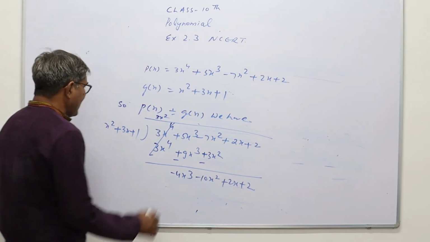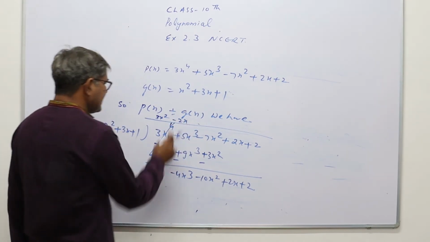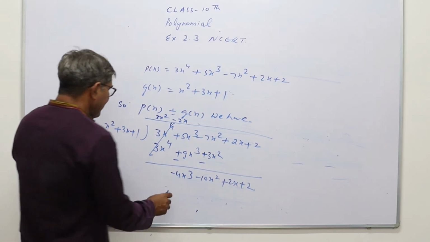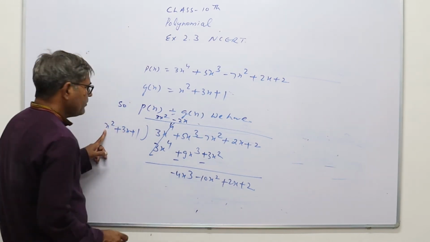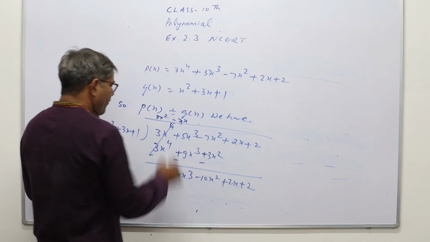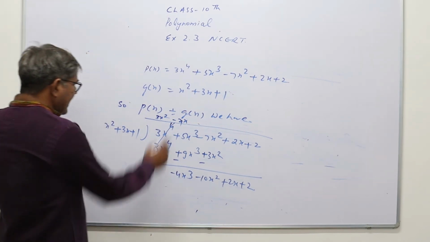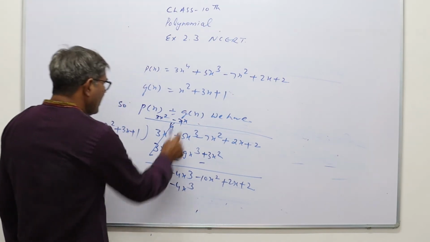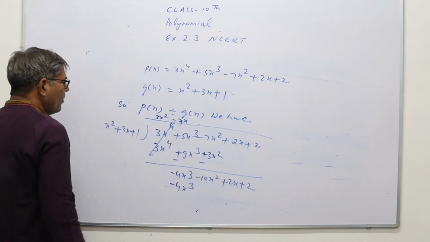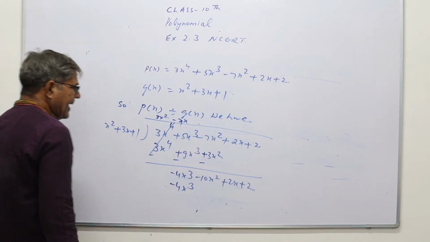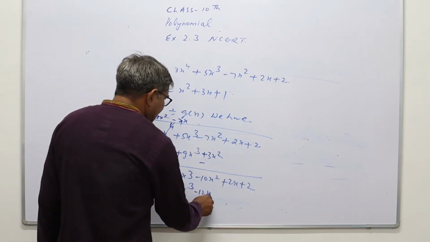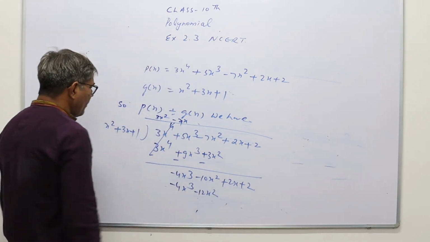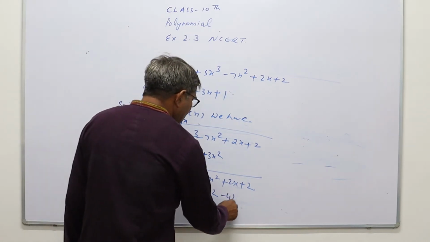So if we multiply by minus 2x, then minus 2x into x square, that is minus 4x cube, minus 4x into plus 3x, so minus 12x square, and minus 4x into plus 1, that is minus 4x.